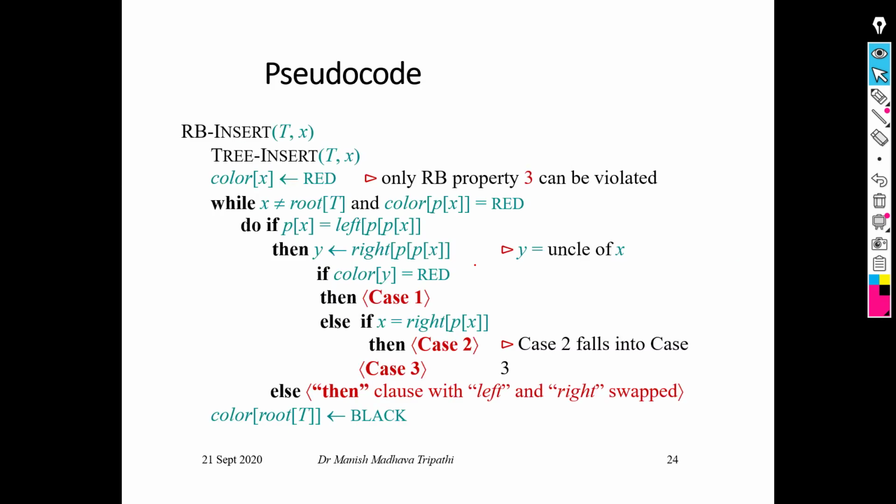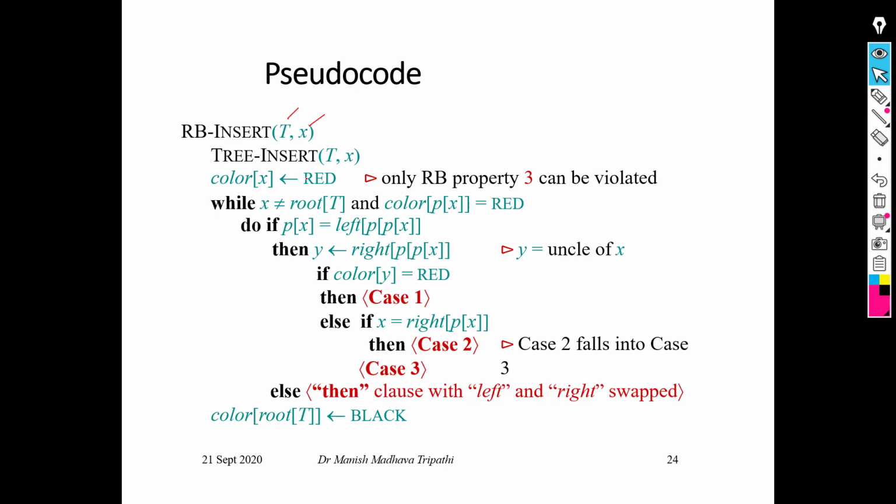This is the code of the red black tree, and you can easily understand that here is the insert, T is the name of the tree and X is the node which we are going to insert. Tree insert working is like this.